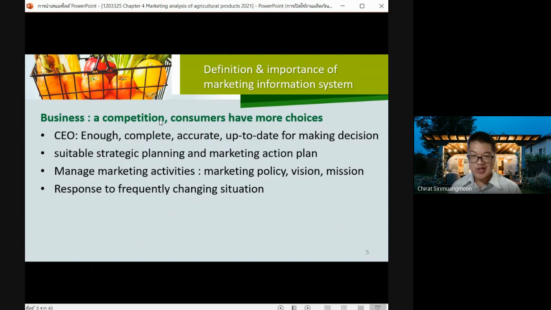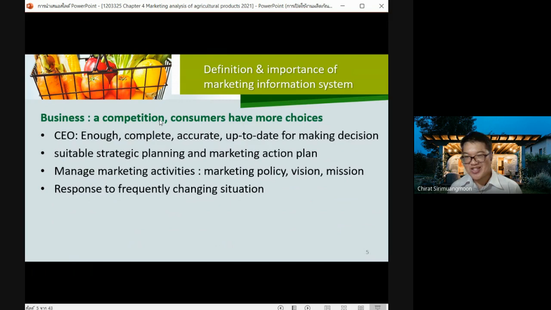Many of you might not know that during COVID-19, some food products were very popular. Of course, we don't need to have contact. So food products like chilled food or frozen food were very high in sales. And also the fruit or vegetables used for preventing illness or boosting your immunity became popular. So if you know this information, you can plan.